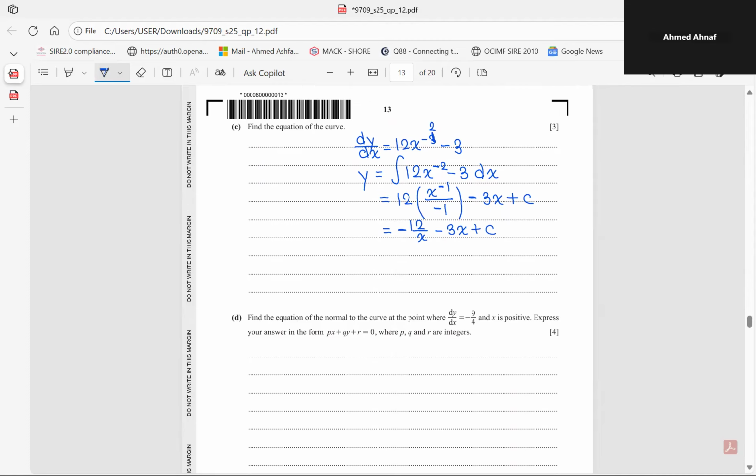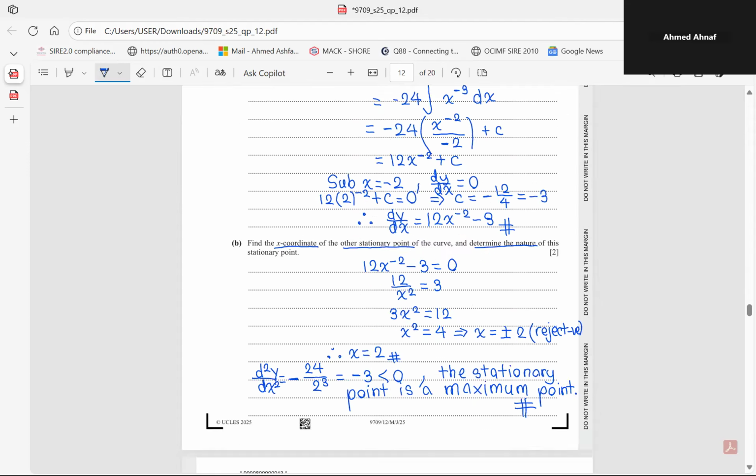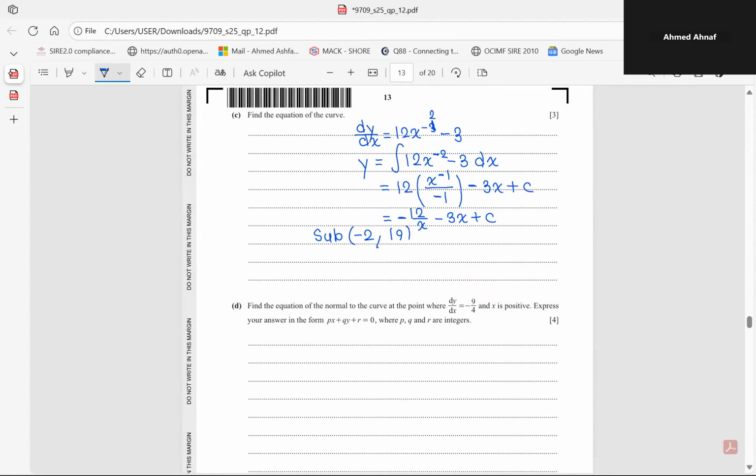Okay, and now we're going to substitute -2 and 19 into this equation to find c. So that would give us -12 divided by -2 minus 3 times -2 plus c equals 19. So c would be 19 minus 6 minus 6.